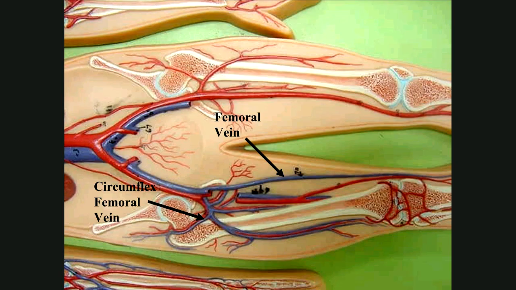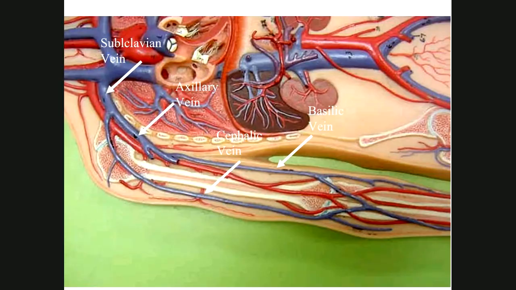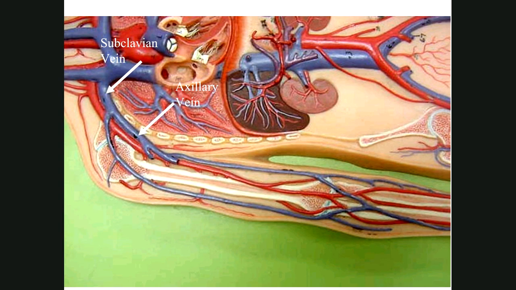So let's review the veins real quick and we'll be done for today. So again, draining the head and the brain are the external and internal. So the internal drains the brain, the external drains your face. It goes into this right here. There they are right there. There's the internal.